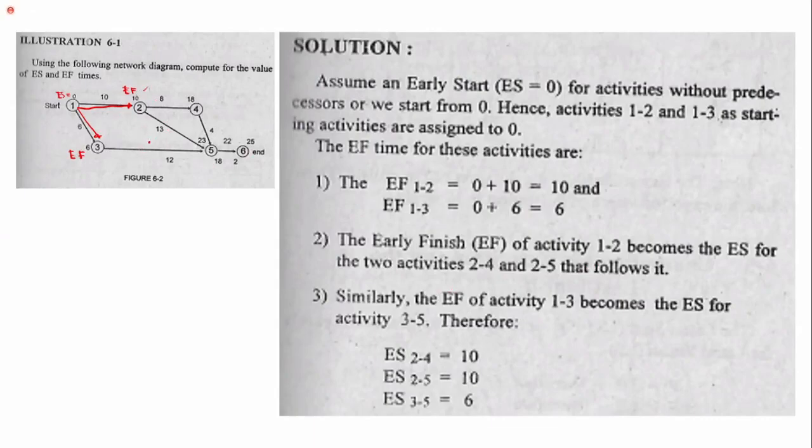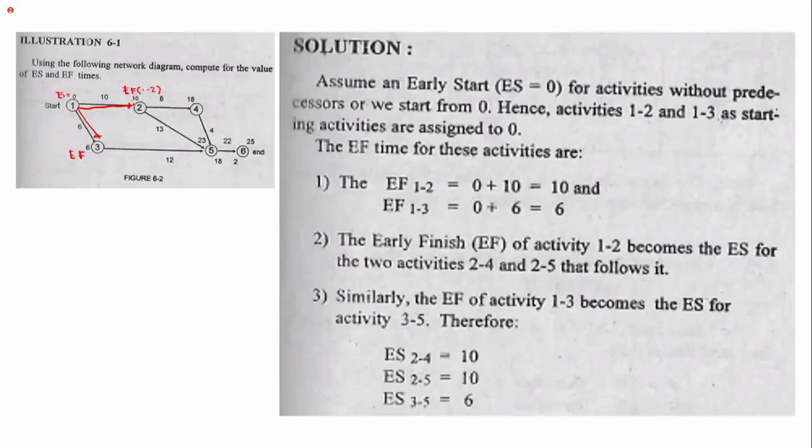Then the early start for activities 2 to 4 is just equal to the early finish of 1 to 2. So the early finish of 1 to 2 is 10.